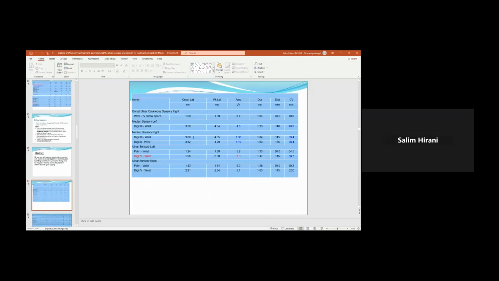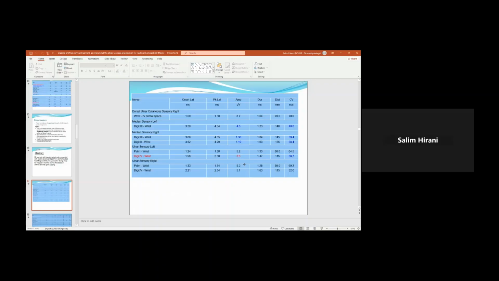So when we did the test, median amplitude is slightly low in both of them, with slow conduction velocity. So the patient has some median nerve entrapment as well. The ulnar nerve, palm to wrist, was fine, but digit 5 to wrist was low amplitude with normal conduction velocity.